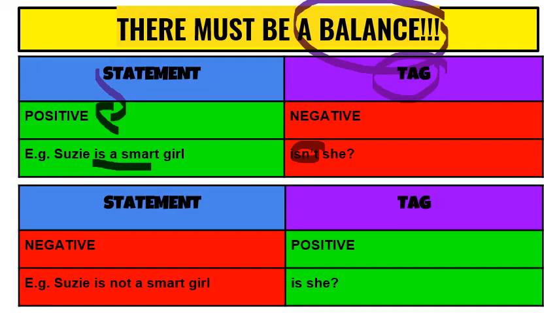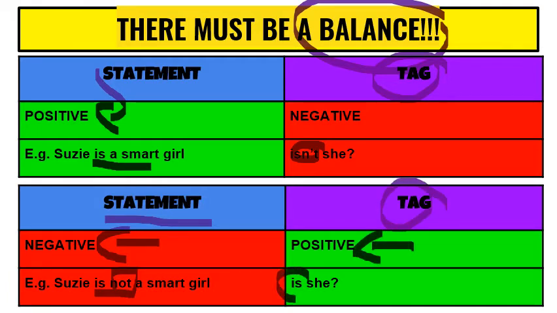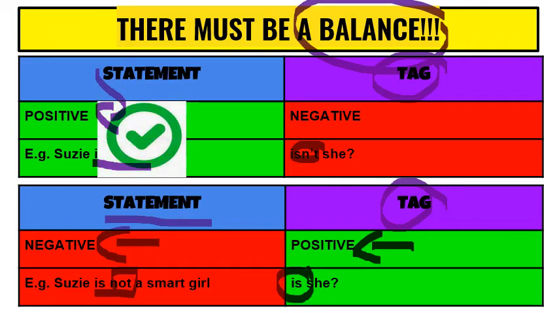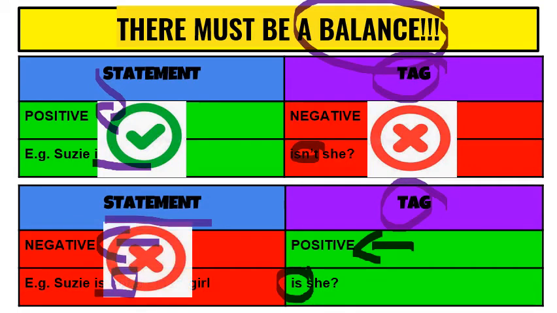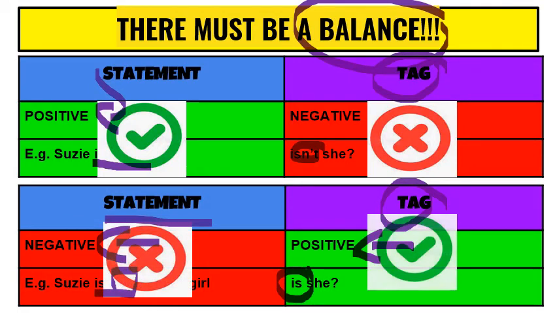When my statement is negative, Susie is not a smart girl, then my tag is going to be positive, is she? So, positive statement, negative tag. Negative statement, positive tag.